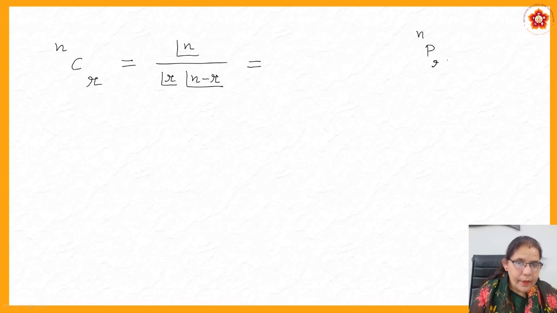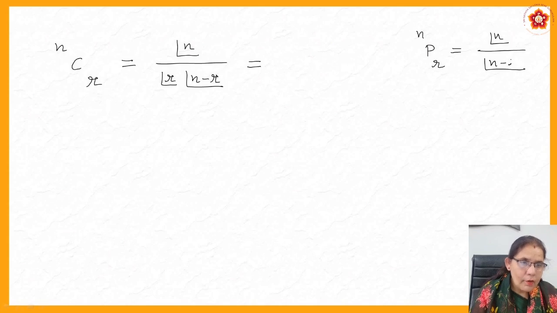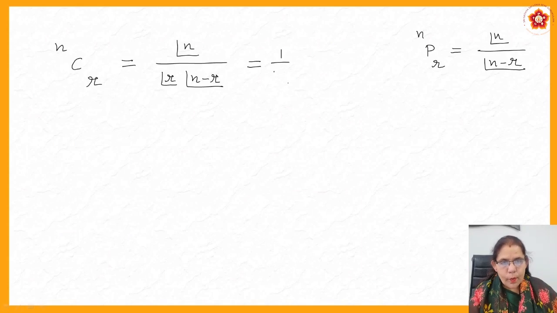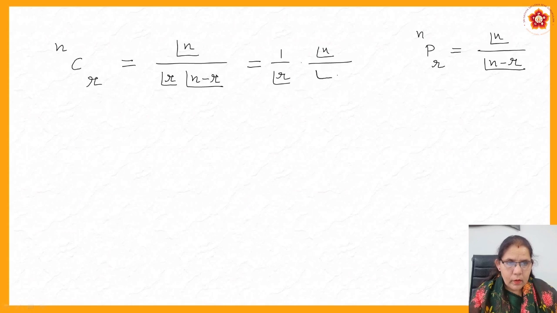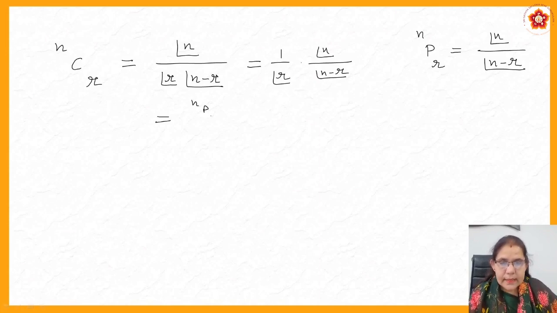If you remember, what was NPR? NPR was factorial n upon factorial n minus r. So, can I write it like this? I am separating it, and instead of factorial n upon factorial n minus r, we can write NPR divided by factorial r.